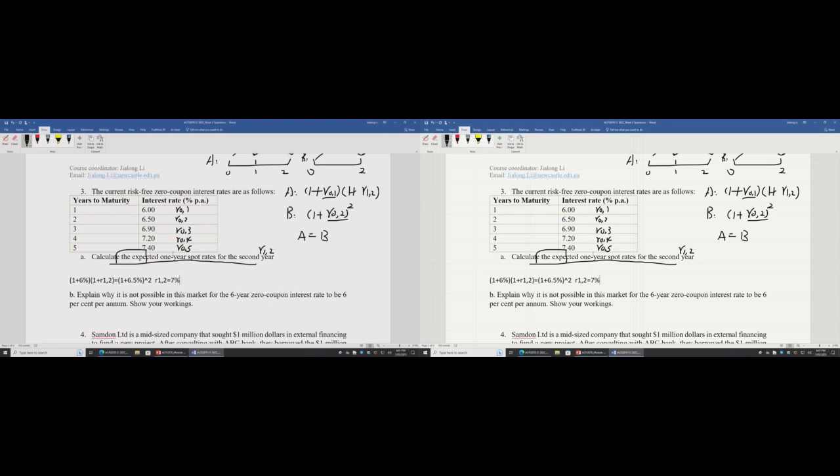So R12 is 7%. So it means that any investment that is starting from next year and ends in year 2, we expect to earn 7%.